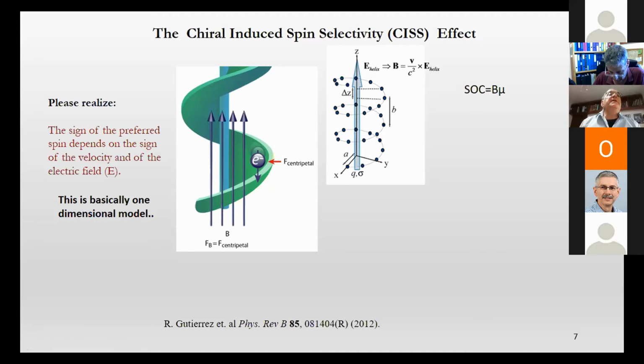And this effective magnetic field can create an effective spin-orbit coupling of about 3 to 6 milli-electron volt, almost reaching the value of the spin-orbit coupling in carbon, which is much larger than the typical spin-orbit coupling in hydrocarbon molecules. And the effect was observed in these calculations, but the size of the polarization was very low. The polarization typically was a few percent, while, as you saw in the experiments, we saw polarization of 40 up to 70%.